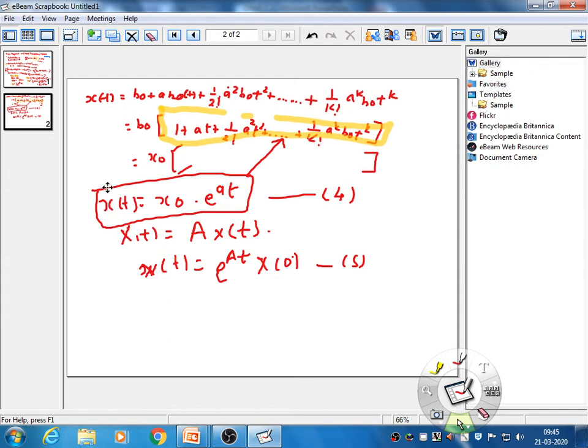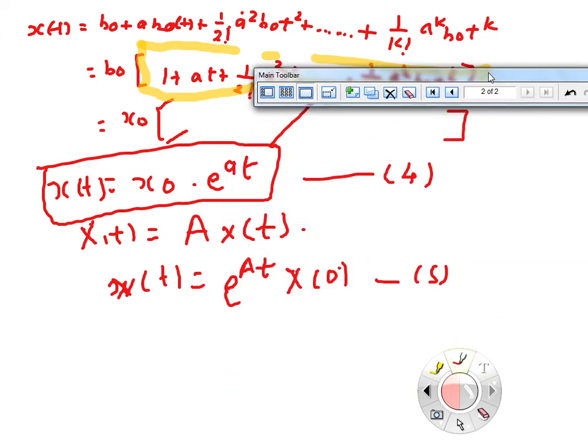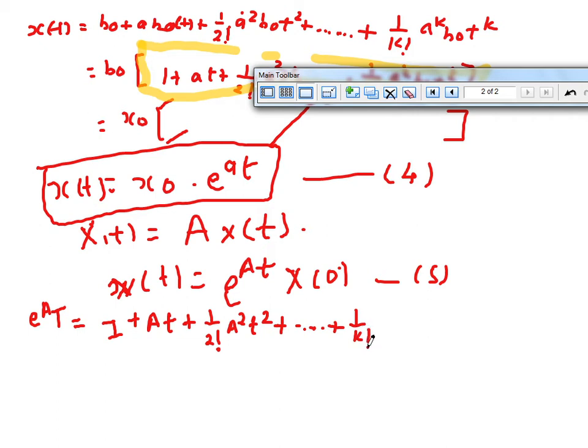For e raised to at, we can write this final equation: e raised to at is nothing but I plus A into t plus 1 upon 2 factorial A square t square, up to 1 upon k factorial A raised to k t raised to k.